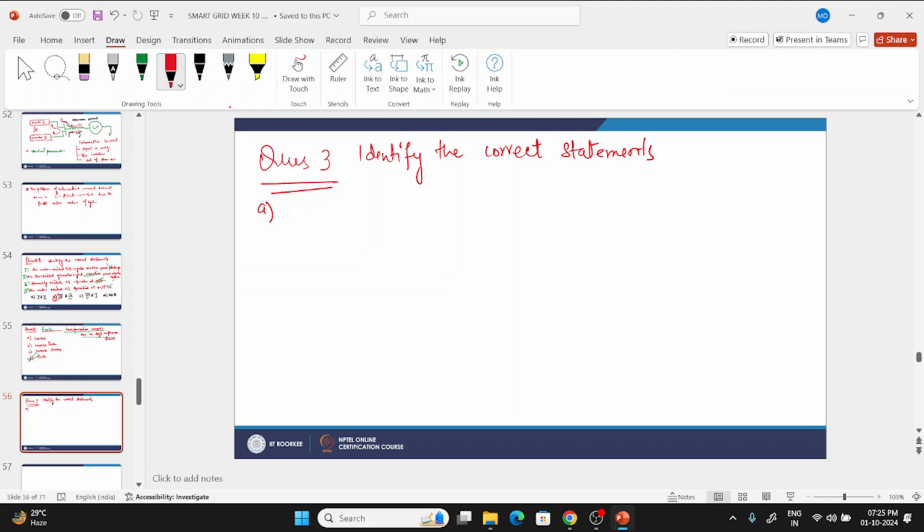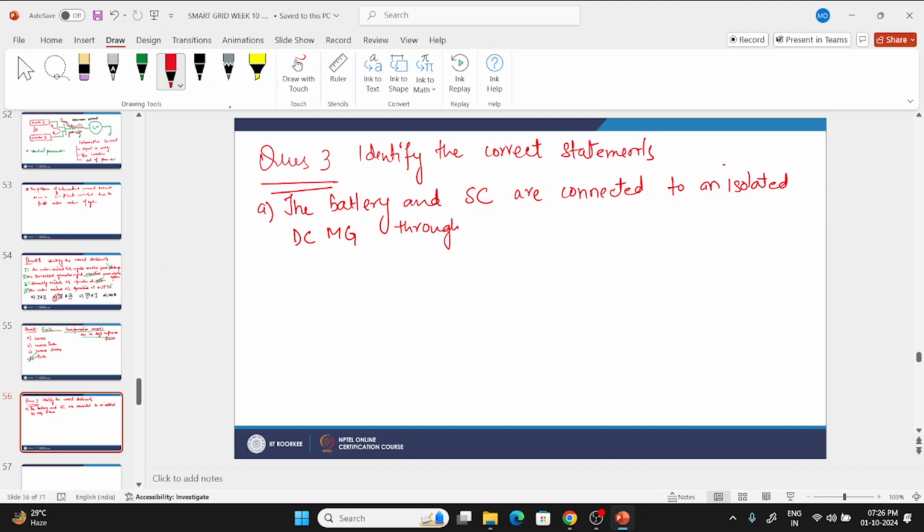First one is: the battery and supercapacitors are connected to an isolated DC microgrid through a unidirectional buck boost converter.